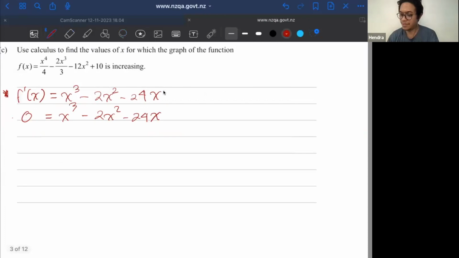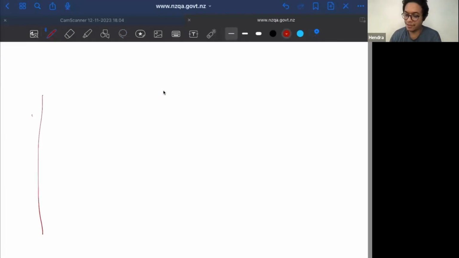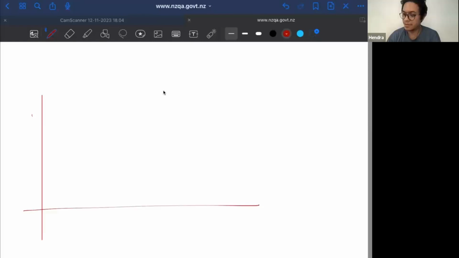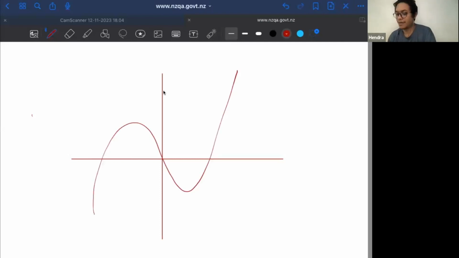Okay, let me draw it here. Let's say you have a function like this. Boom, boom, right? This is the maximum and minimum. When we look at the gradient here, it will be 0, right?